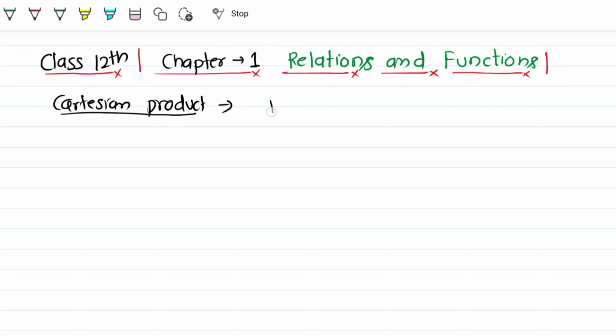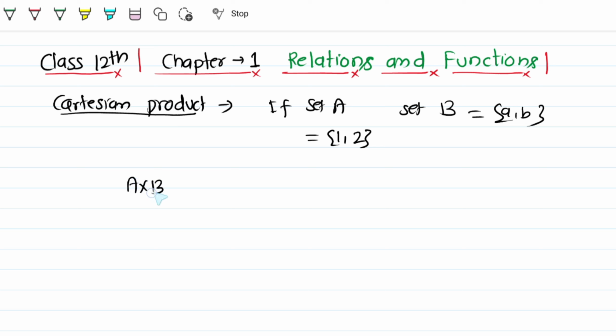Suppose there are two sets, set A and set B. In set A suppose there are two elements, 1 comma 2, and in set B, suppose again there are two elements, for example A comma B. Then how did you used to calculate the Cartesian product A cross B? The Cartesian product was the collection of all the possible ordered pairs.